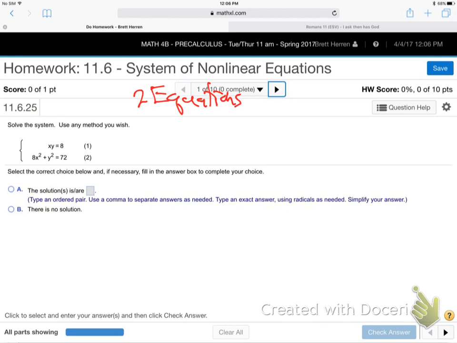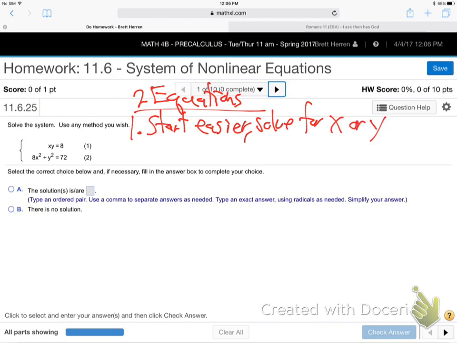But 2 equations, in this case, I'm going to take number 1. I'm going to start with the easier. Solve for x or y and plug into, I'm going to do substitution method, plug into the other. So which of the 2 equations looks like the simpler one?